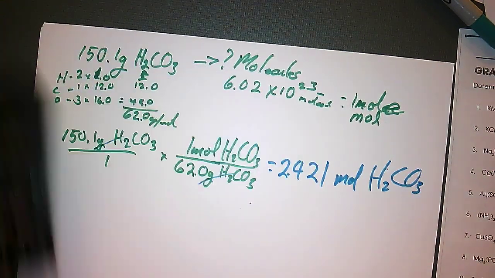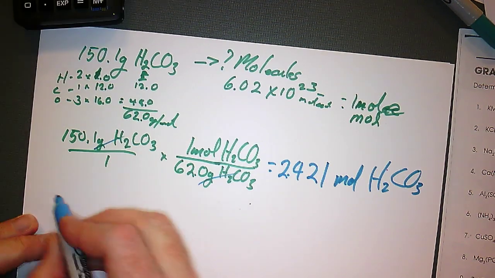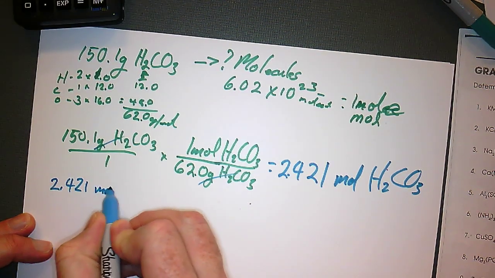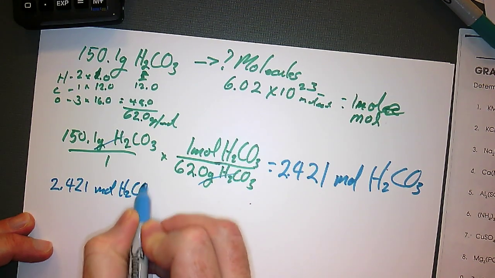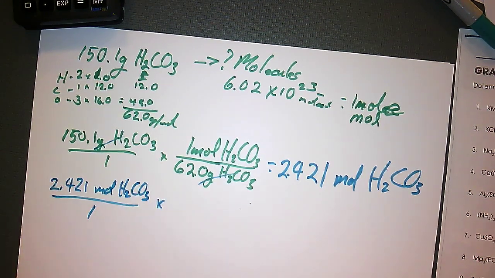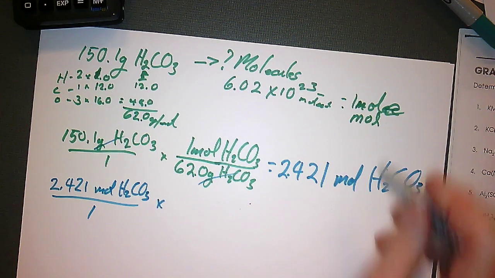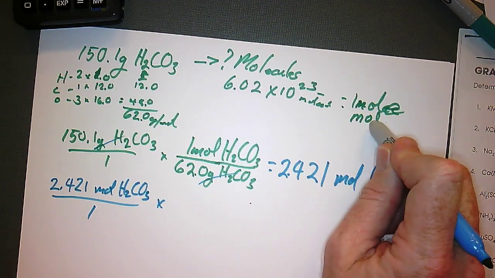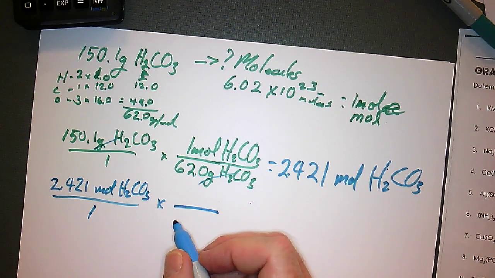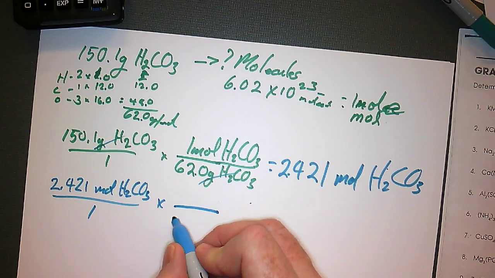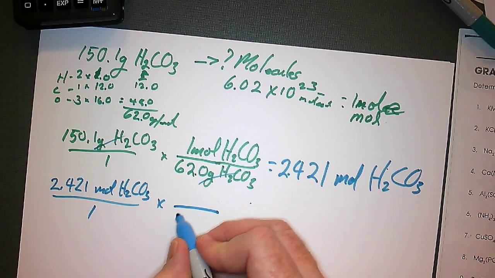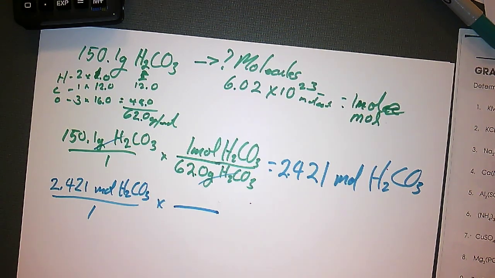To go to molecules now, I use my second conversion. I start with my 2.421 mole H2CO3. If I have moles on top, where's it going to go on the next step? Bottom. In this case, it'll be 1 mole. On your conversion steps, it's almost always 1 mole until we get to dealing with full chemical equations, like photosynthesis.